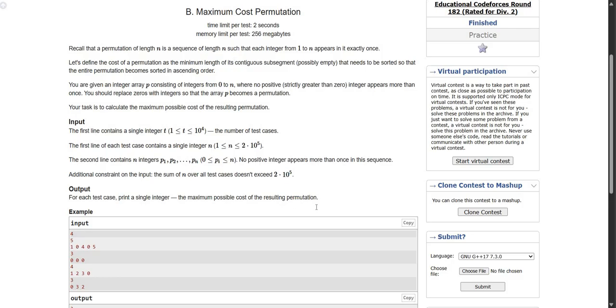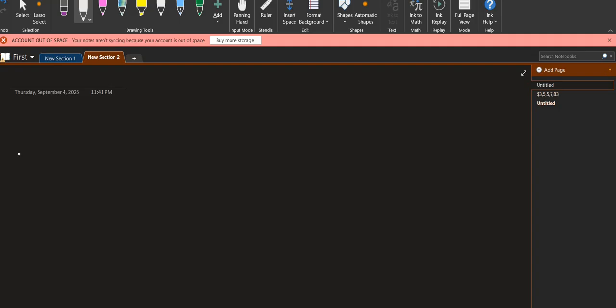So let's imagine I have a permutation of 5 elements, and the elements would look something like that. Let's say 1 is here, 5 is here, and it's 4, 3, 2.